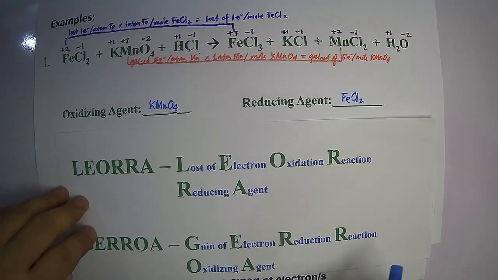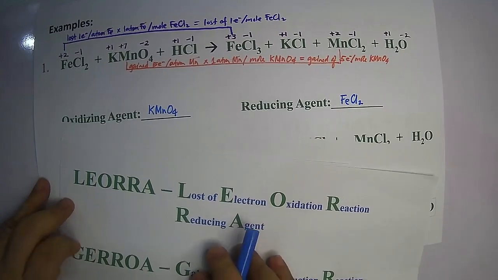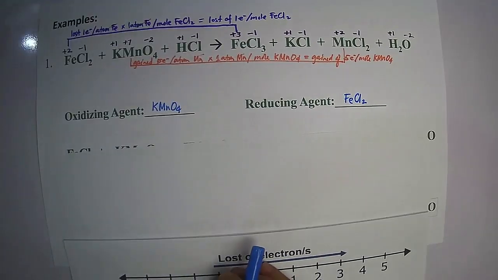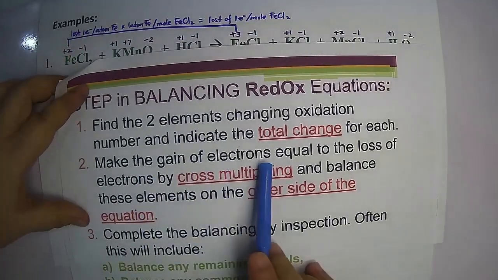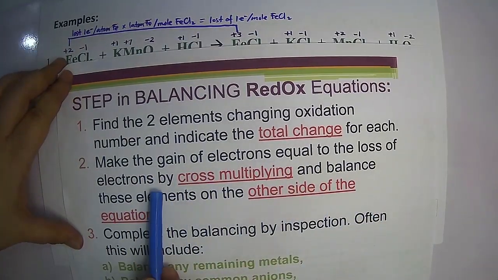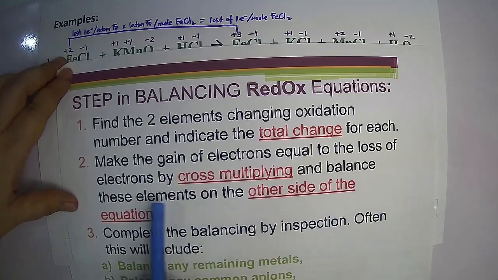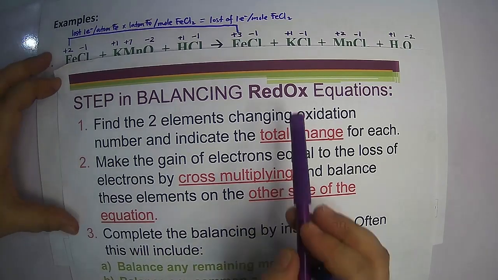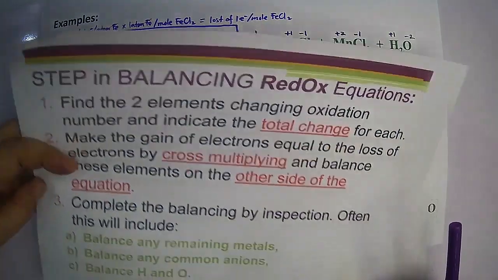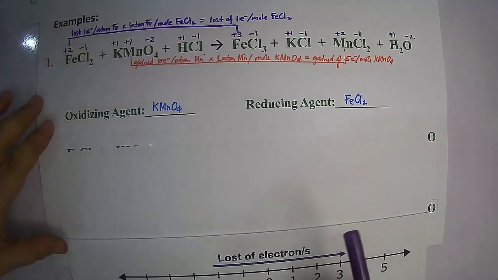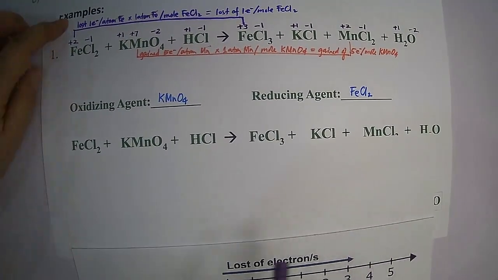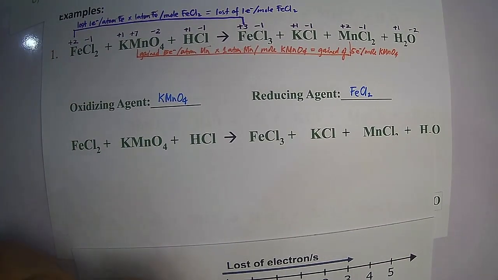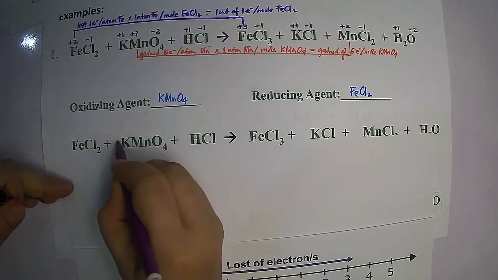That is your oxidizing agent. Okay? Now moving on, the next step says that you make the gain of electrons equal to the loss of electrons by cross multiplying. Then you balance that on the other side. So by cross multiplying, there is 1, meaning you cross multiply the element, then you have 1 as the coefficient of manganese here.